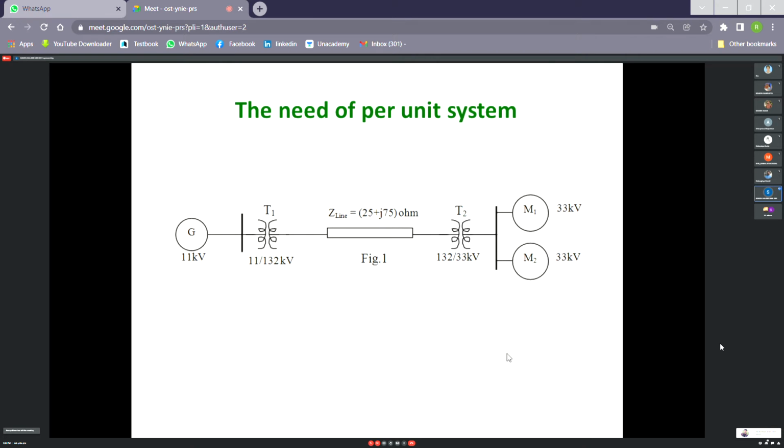Similarly, if we want to analyze the behavior of a power system by a circuit, at first all of them should be on the same platform. Otherwise, how can we represent them by a circuit?